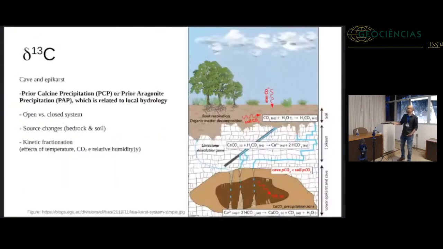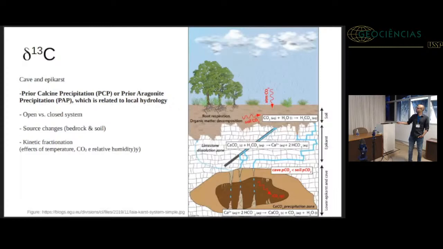I will go quickly through each one of these. So first, what's prior calcite precipitation? Well, prior calcite precipitation or prior aragonite precipitation is all calcite or aragonite which was precipitated before your stalagmite. We have the seepage solution going on here, dissolving your limestone and putting calcium in solution. Then you have the dripping water here, where we start to precipitate your stalagmite.